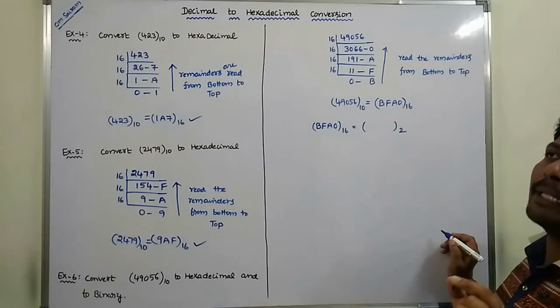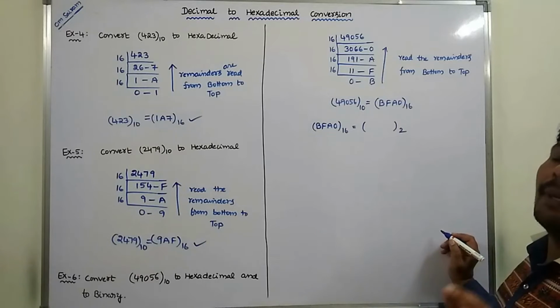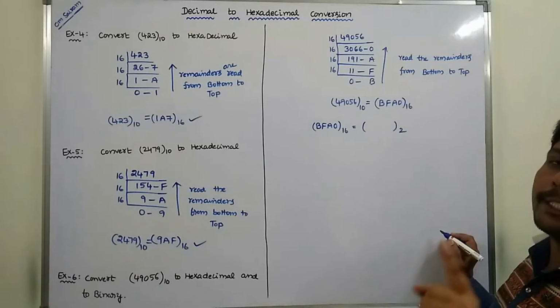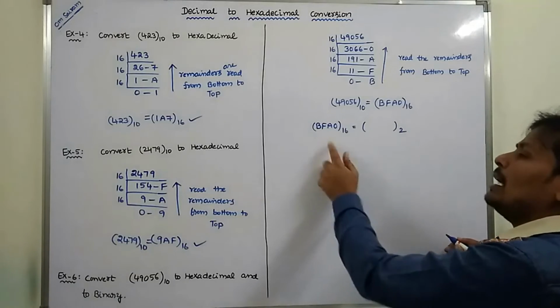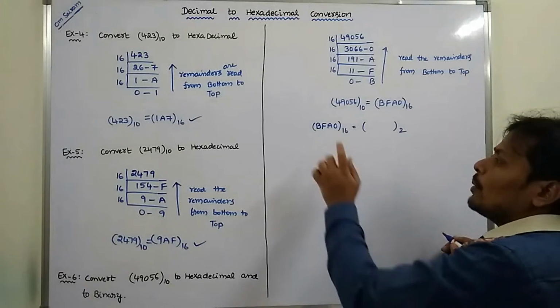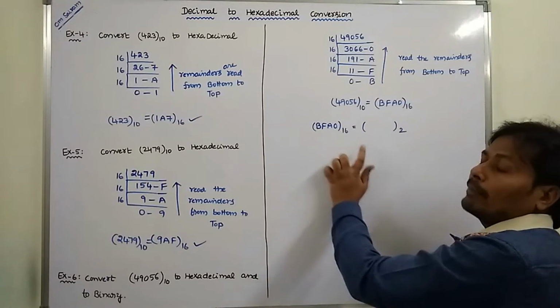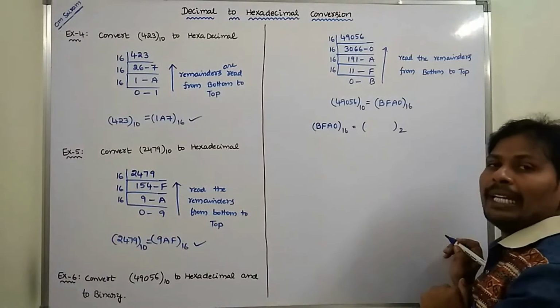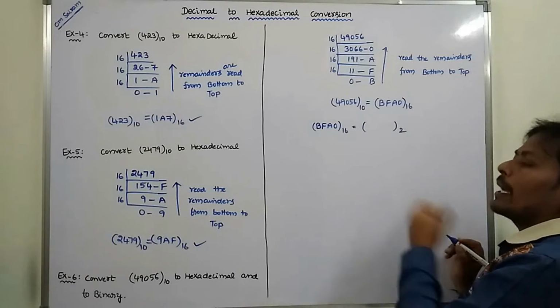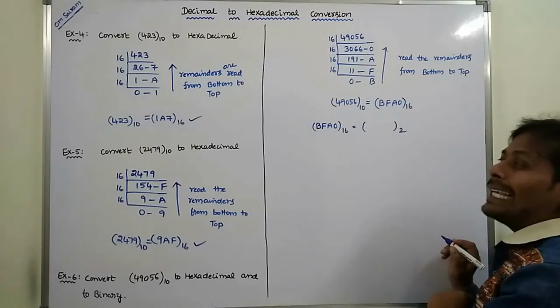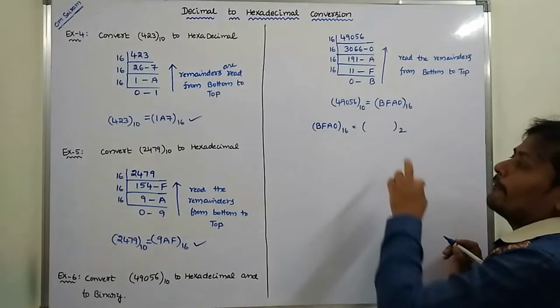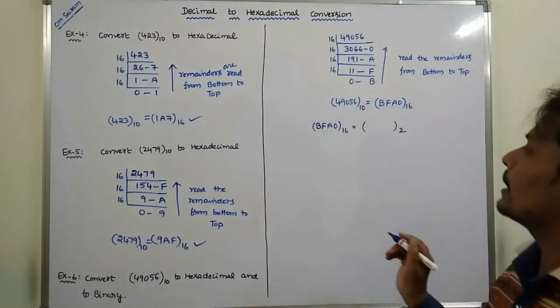So a 4-bit binary group can be treated as one digit in the hexadecimal number system. So each and every digit in the hexadecimal number can be represented by a 4-bit binary group. Then we get the equivalent binary number for the given hexadecimal number.